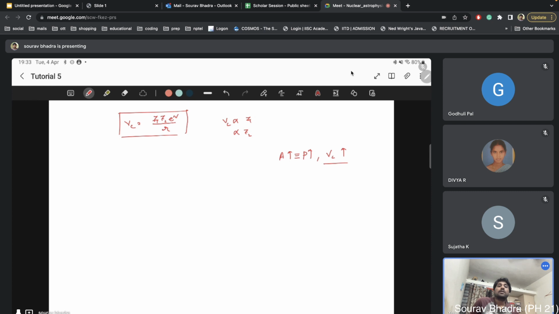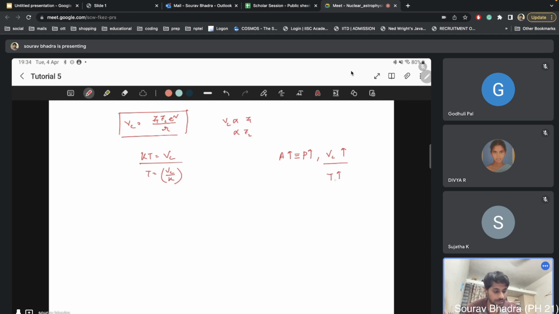That is why the starting point of nuclear fuel burning is hydrogen burning, because hydrogen has the lowest Coulomb energy, and kT equals Vc, which I have done for the first assignment problem. If you equate kT with Vc, that will give you the temperature required for overcoming the Coulomb barrier, and if your Vc is higher, then you need a higher temperature also.